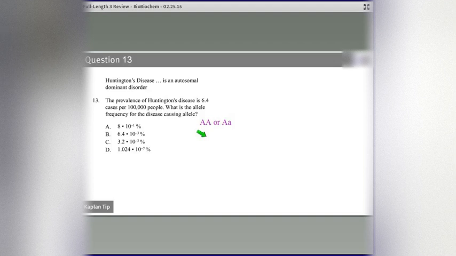Now here is where you start using your math sense in order to get to these questions quickly. So you're like, 6.4, 64 is the number that we're going to be dealing with.